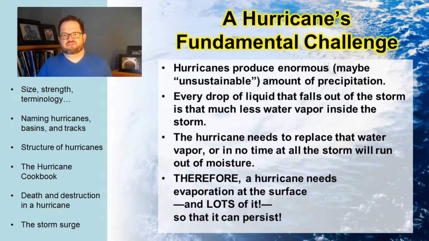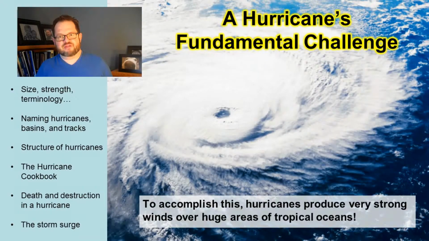We're going to need to have an enormous amount of evaporation coming off of the surface of the ocean to provide water vapor back to the hurricane so that the hurricane can keep feasting on all that water vapor and converting it back to liquid water and dumping it back on the surface. So we're going to need evaporation, and that's going to inform so many of our decisions about what hurricanes are going to do.